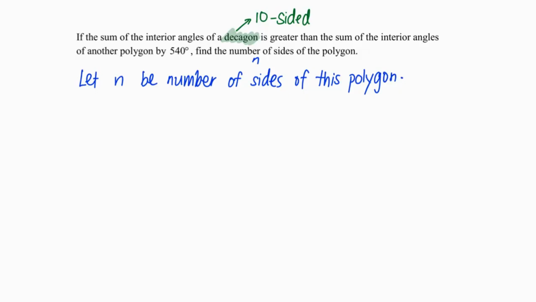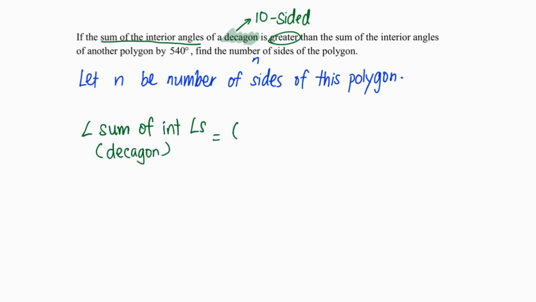Since the sum of interior angles is greater, when I form the equation, 10-sided for decagon, the sum of interior angles for this decagon is 10 minus 2 times 180 degrees, which is 1440 degrees.